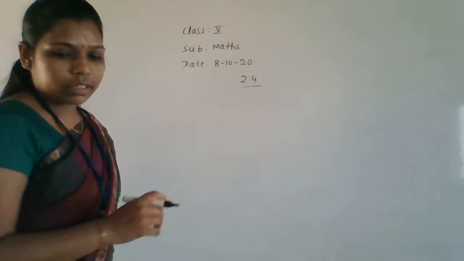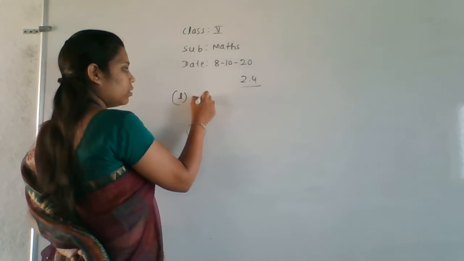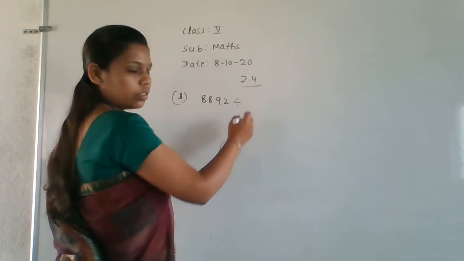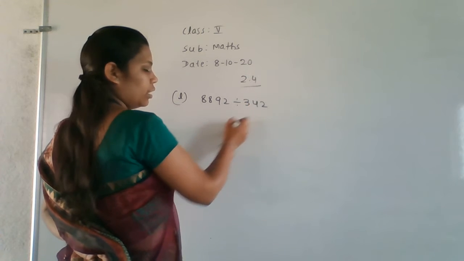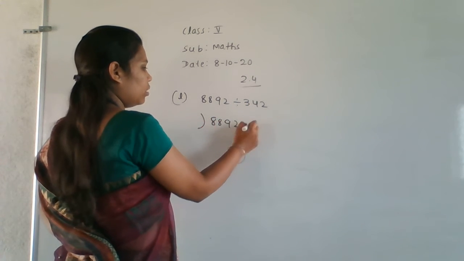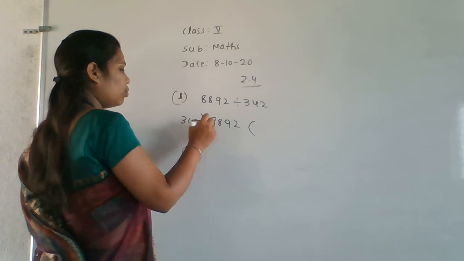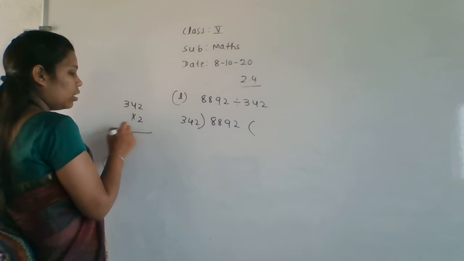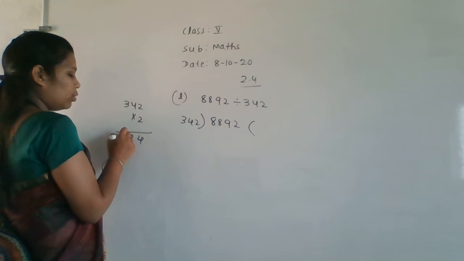That is L. 8892 divided by 342, right? Check with the 342 into 2s. 2 2s are 4, 2 4s are 8, 2 3s are 6.